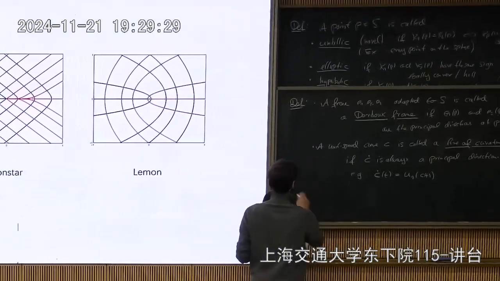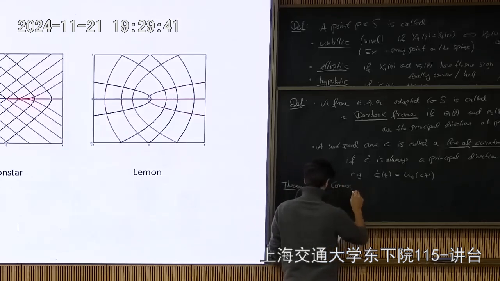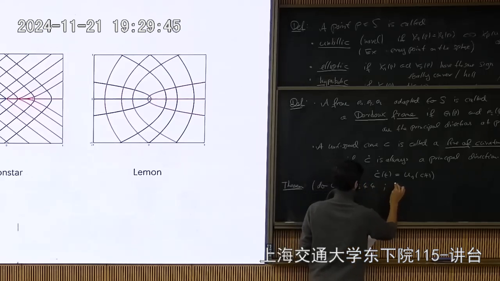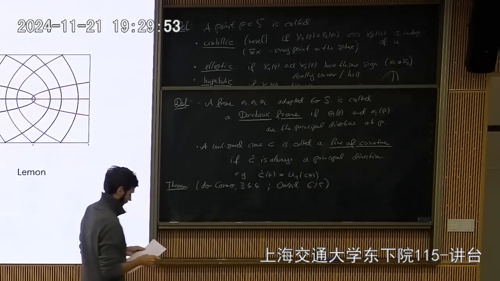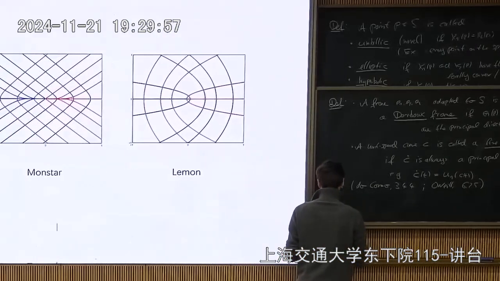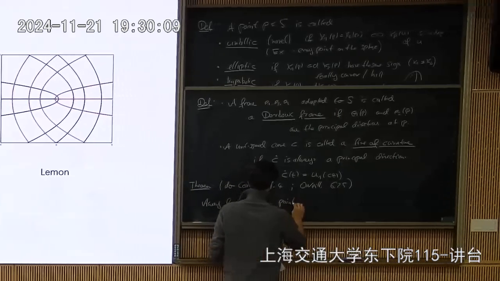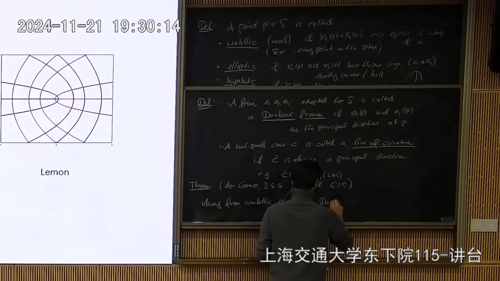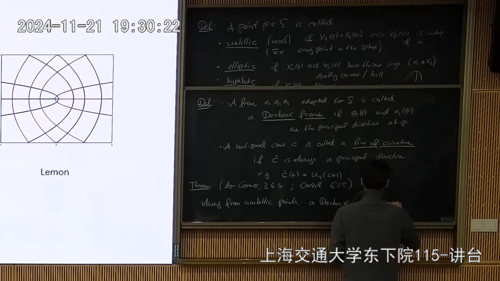There's a theorem which I will not prove, and you can look, for example, at do Carmo, 3.4.4, or in O'Neill, I think it's lemma 6.2.5, if you're interested in the proof, which says that away from umbilic points a Darboux frame always exists.